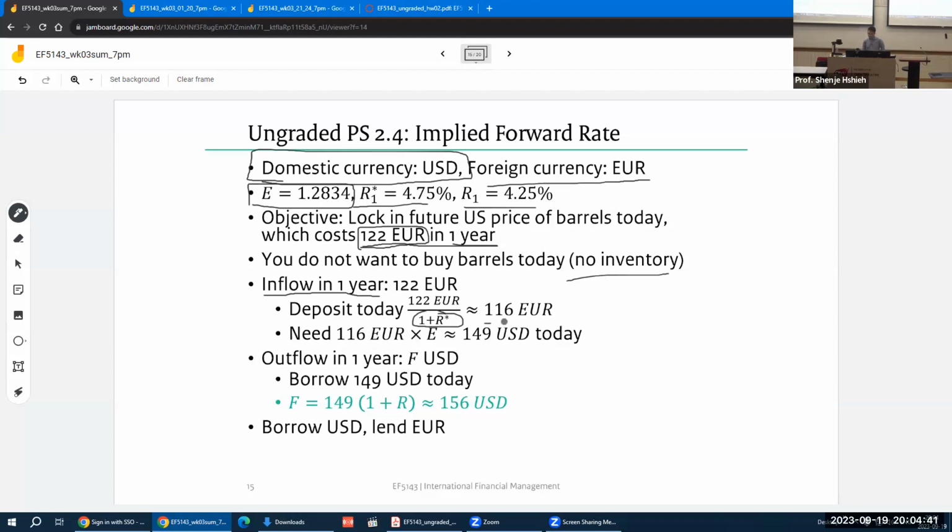So today you only need 116 euros. Correct? All right, in terms of US dollars, we just multiply the foreign currency by the exchange rate, which will give us how much dollars we need today, 149. Okay. So far so good, right? That's how much domestic dollars we need. All right.